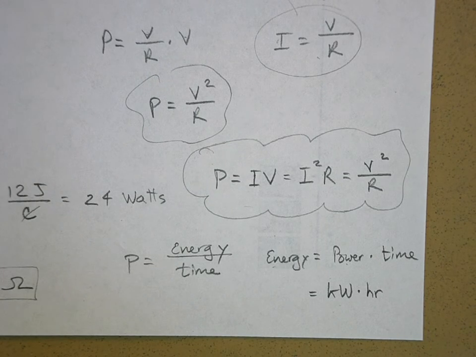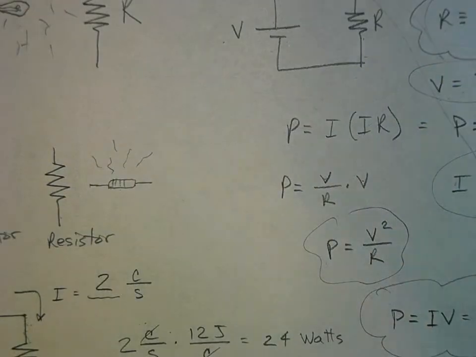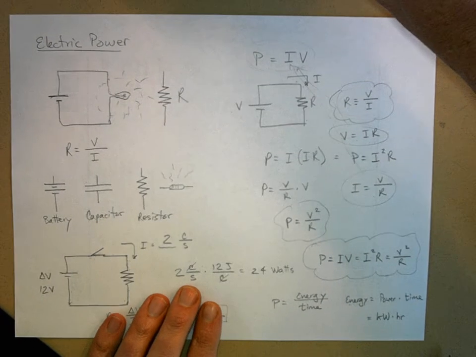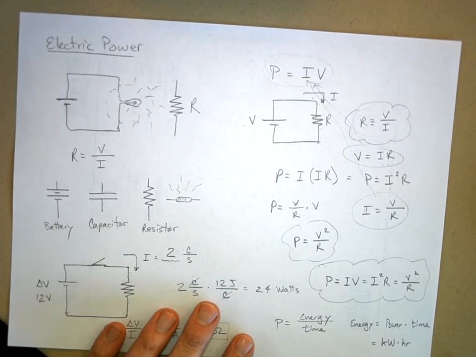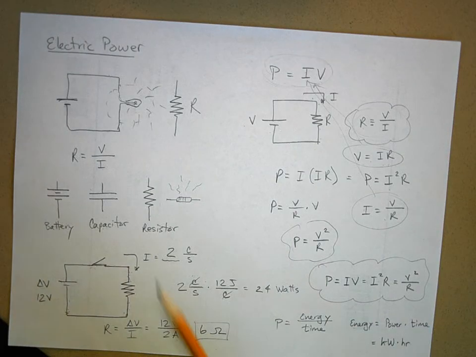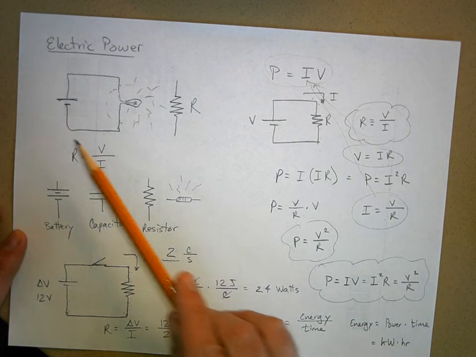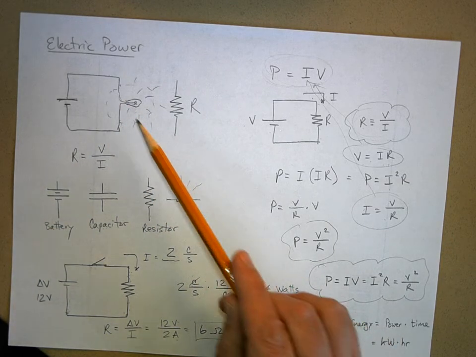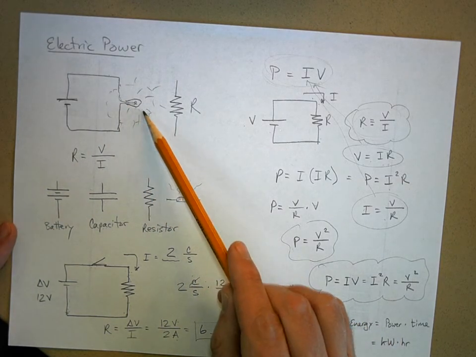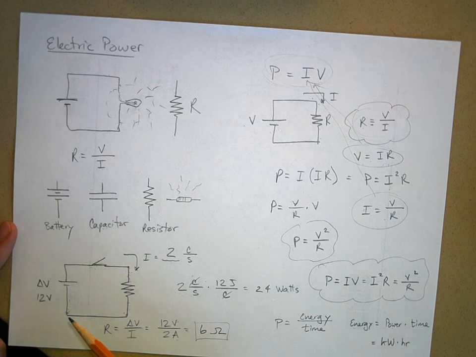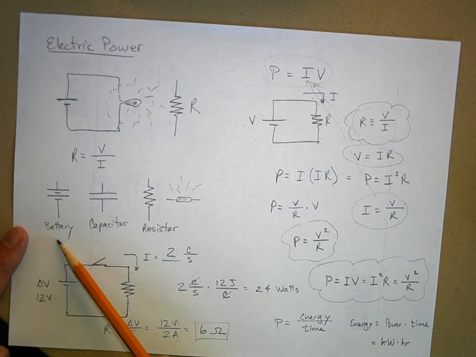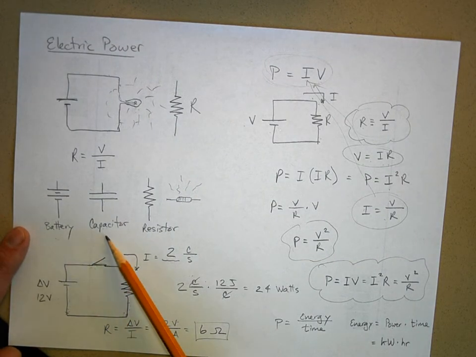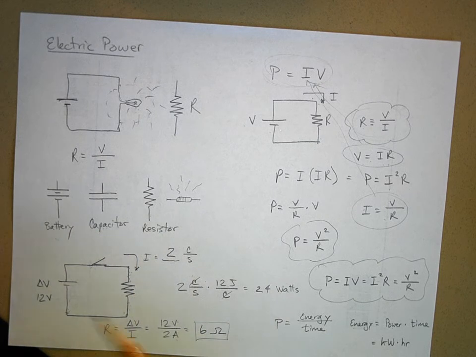So, all right. So anyway, just to summarize, let me zoom all the way out. Remember that electric power is just how much energy per unit time, joules per second, energy is leaving the circuit. Batteries deliver energy to the circuit, capacitors store energy, and resistors dissipate or use the energy.